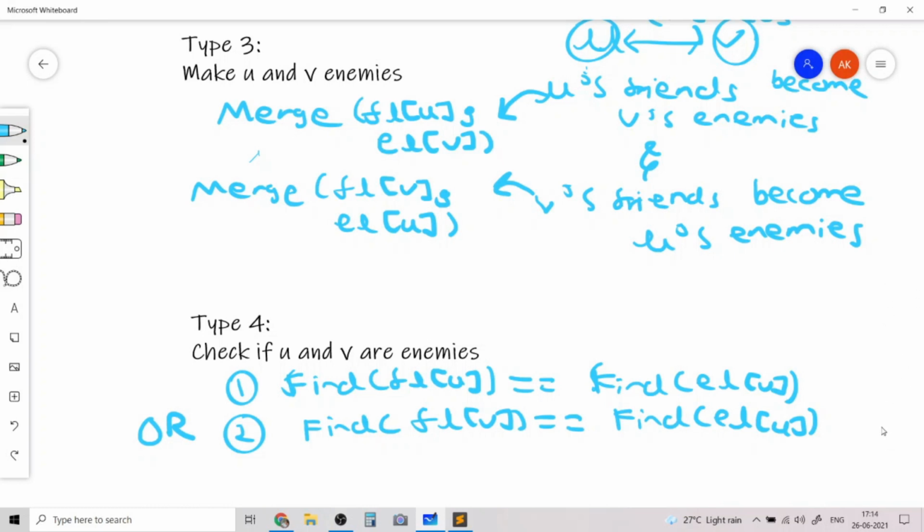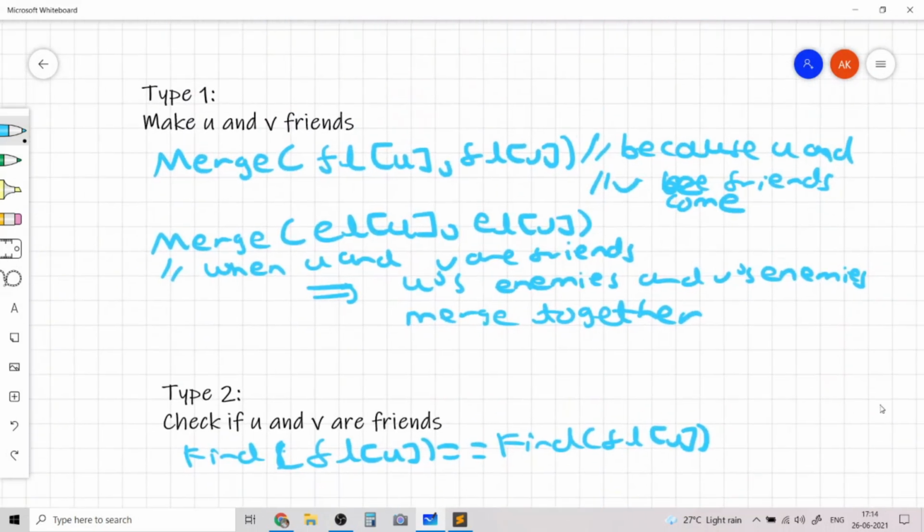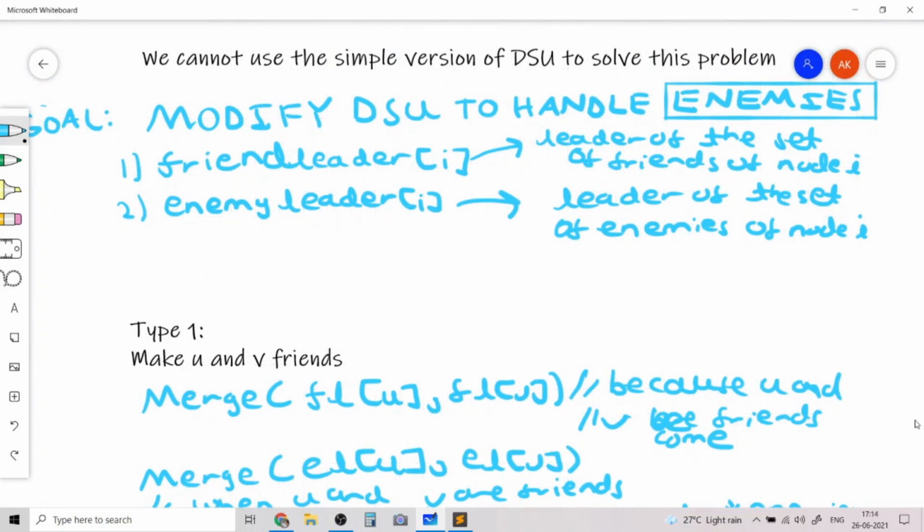However, how do we exactly implement this approach? An easy way to implement this approach is to let the enemy leader of I take the indices from n to 2n minus 1, and let the friend leader of I take the indices from 0 to n minus 1.